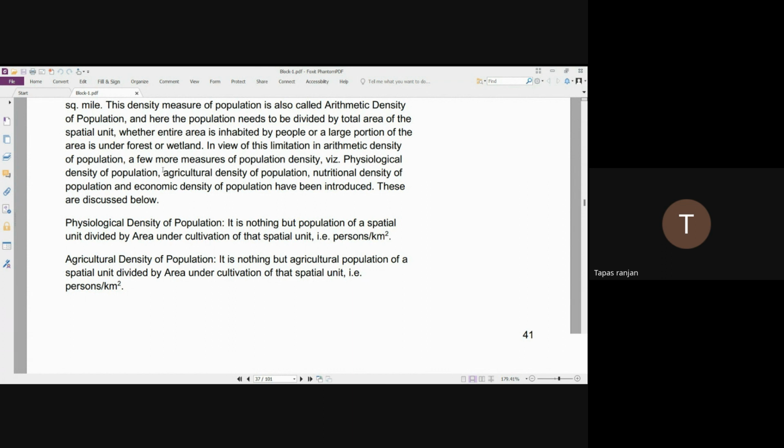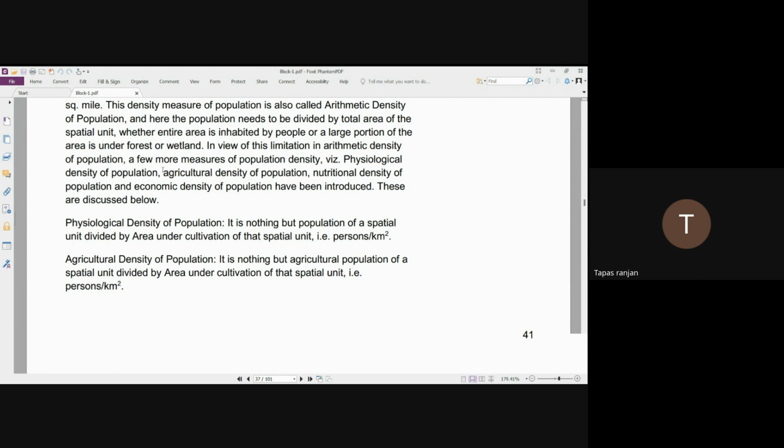This physiological density gives us an idea about whether the agricultural production will be enough for any state or not. Then agricultural density is somewhat different from physiological density. Agricultural density is the agricultural population divided by the area under cultivation.